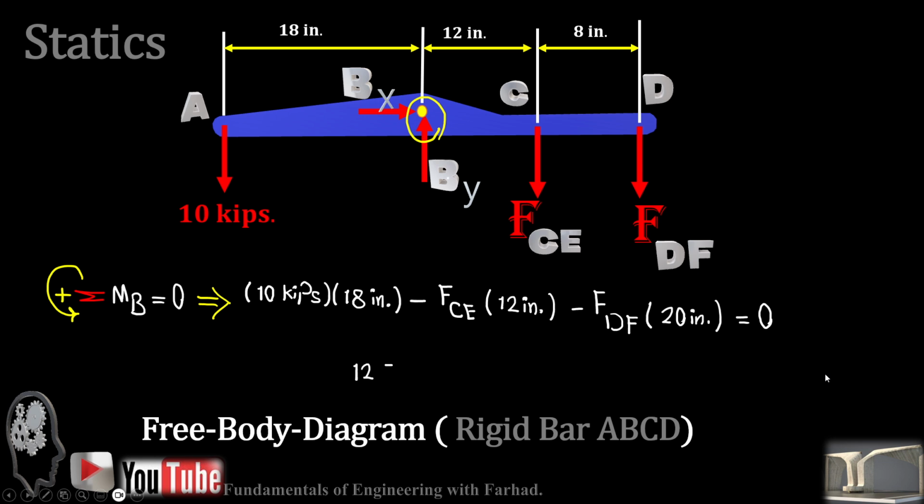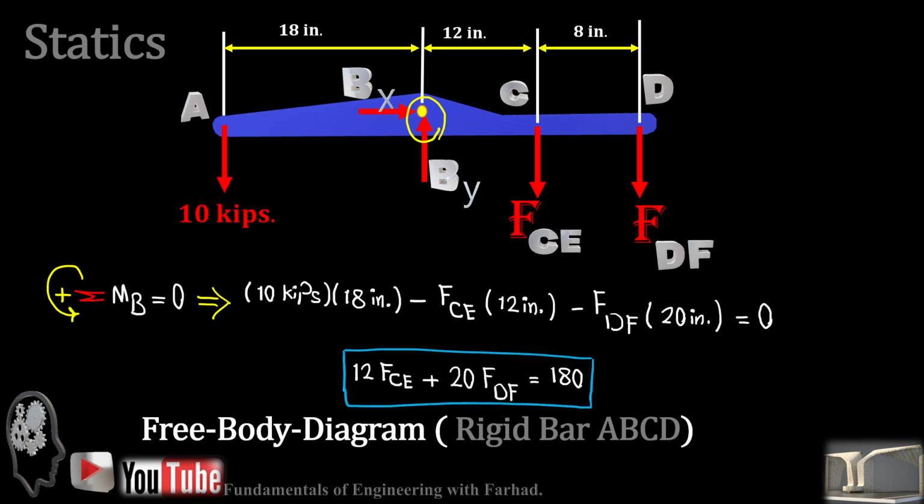That equals 0, and it gives us the first relation based off statics: 12 FCE plus 20 FDF is 180. We call this equation number 1.